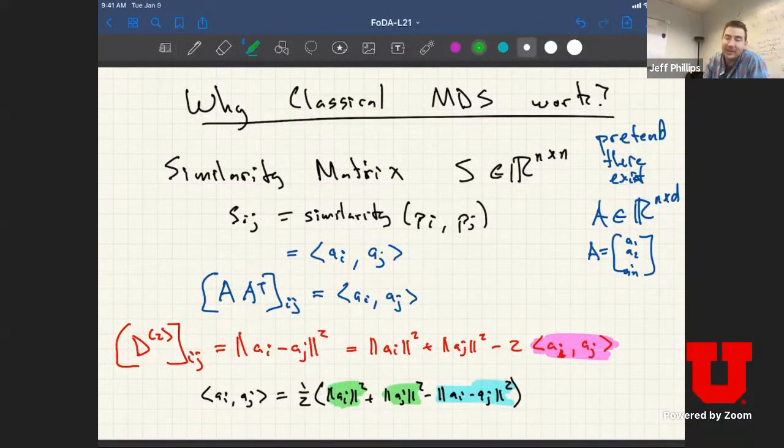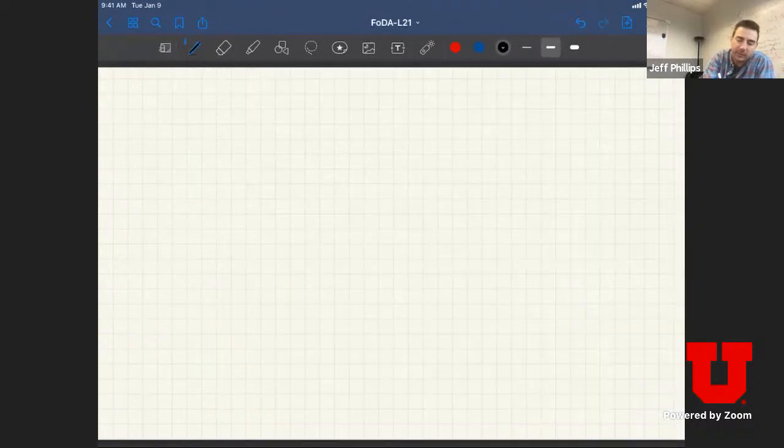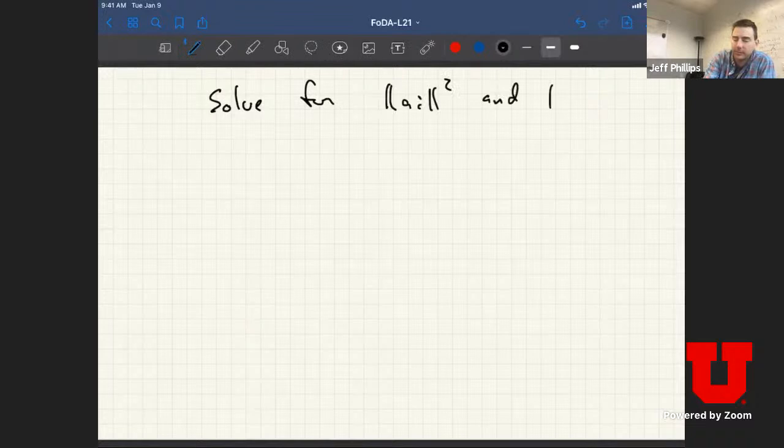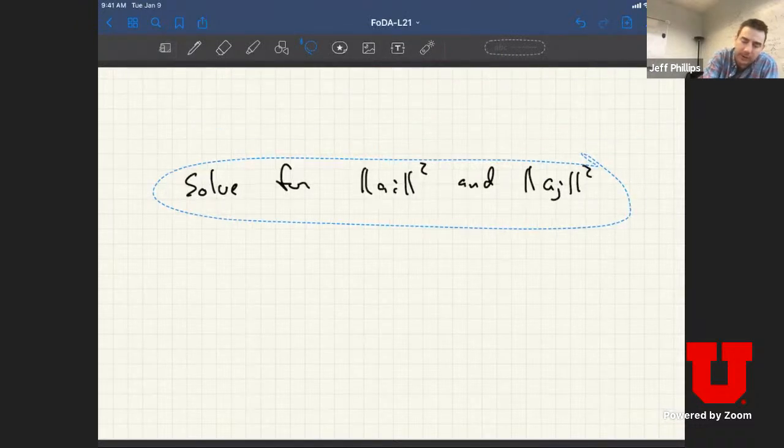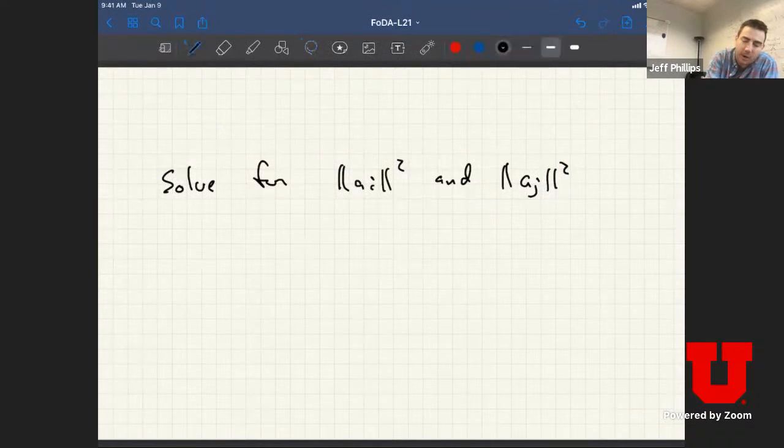But I can get these. I just have to make a choice. So I can solve for AI squared and AJ squared. Let me copy up from above.